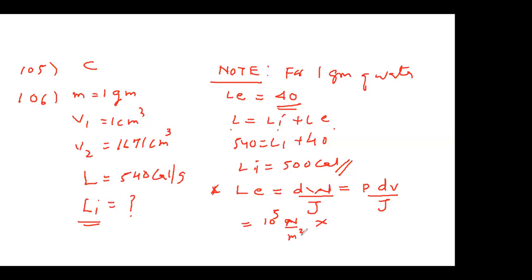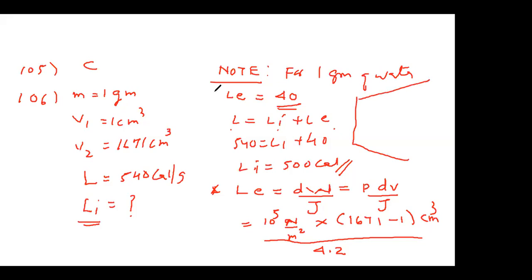So 10⁵ Newton per meter square is pressure, 1 atmosphere. dV is 1671 minus 1 centimeter cube upon J, which is 4.2 joules per calorie. So this joule wala I will convert into erg first. See, I will in exam remember the value. अब पहले इधर तक करो.